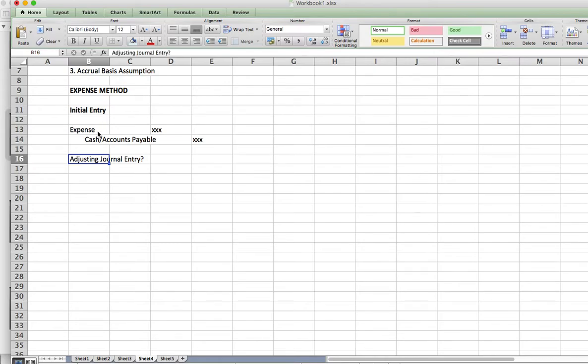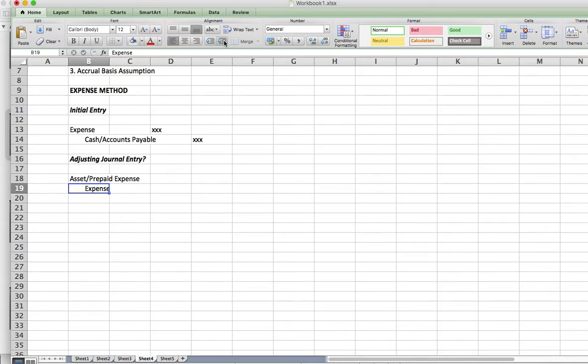Pag expense method, debit, i-recognize mo yung natira. Debit asset, or prepaid expense. And then credit, the expense.